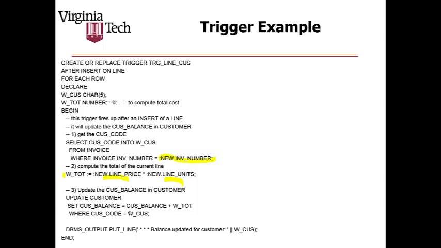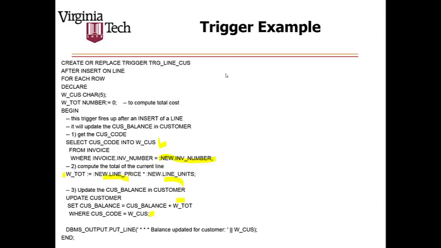We set the customer balance equal to the customer balance plus the new total for this invoice, where the customer code equals the customer code that we selected into WCUST from invoice. We're using the new invoice number.